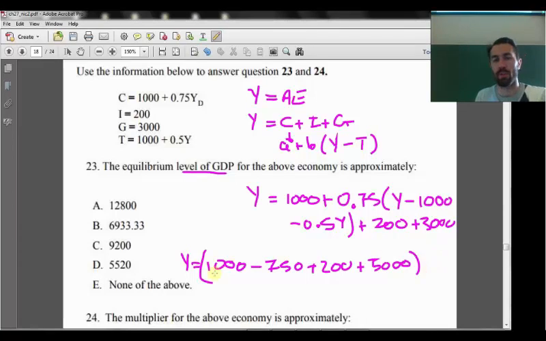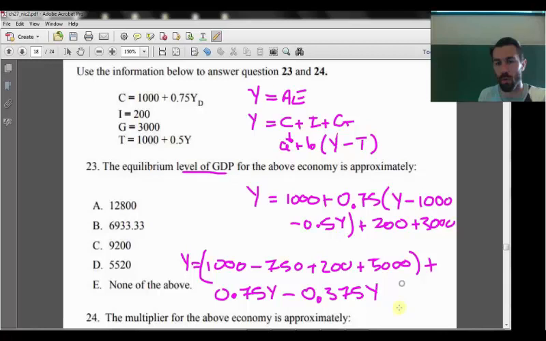Then I've still got my induced components: plus 0.75Y, and plus 0.75 times minus 0.5, which is minus 0.375Y.